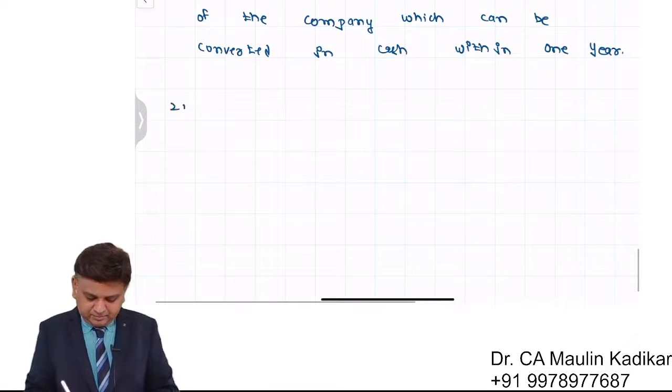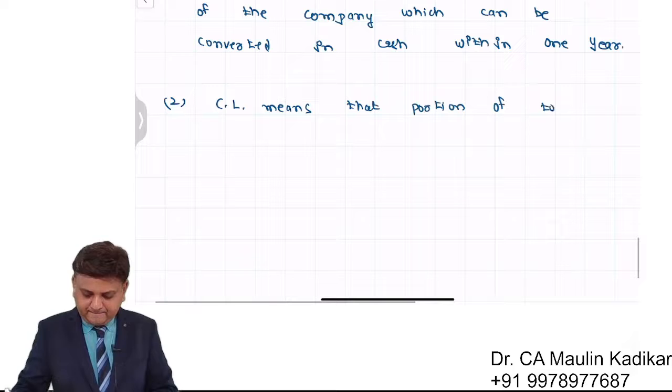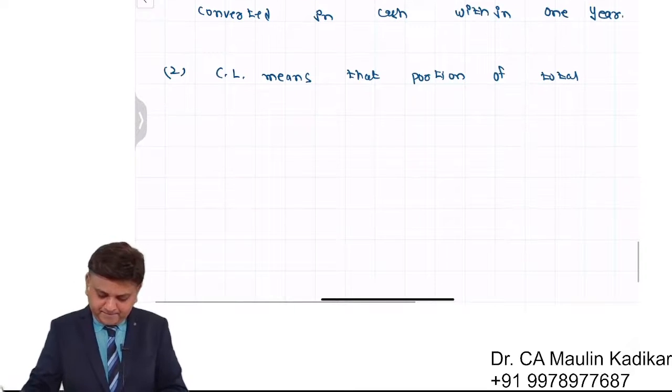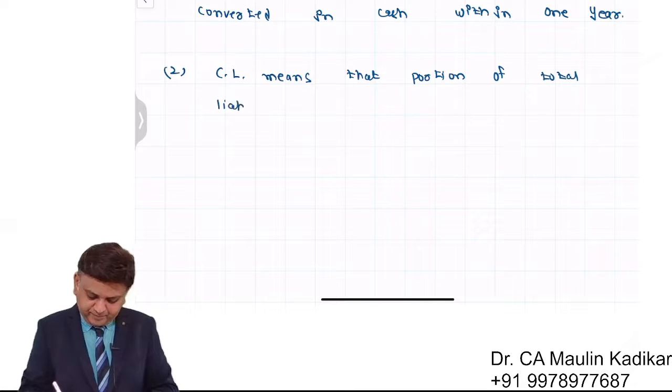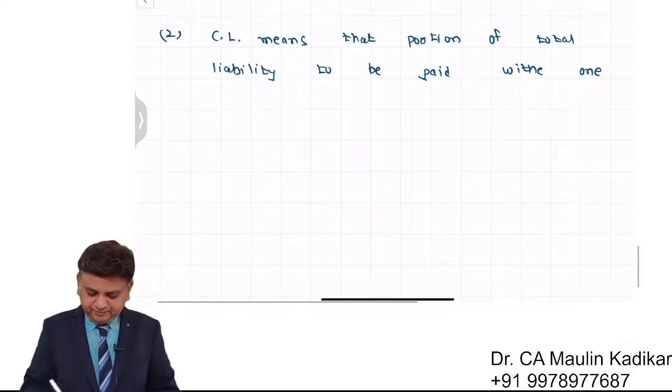Second, CL, current liability, means that portion of total liability to be paid within 1 year. Full stop.